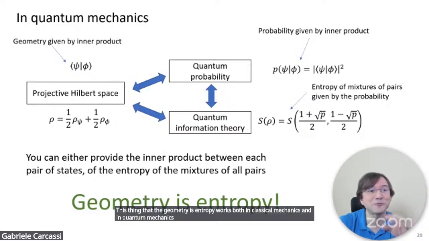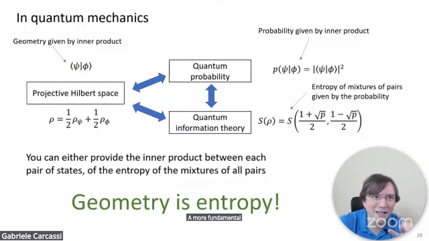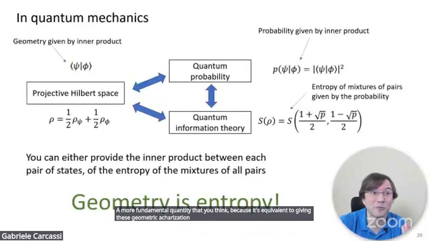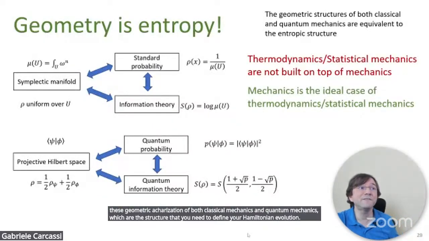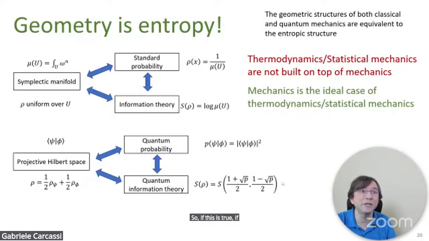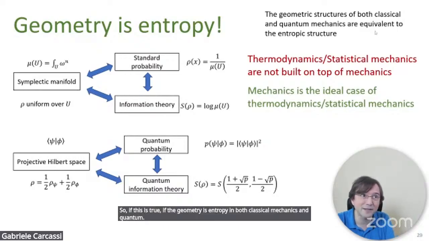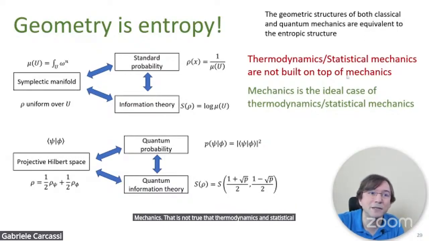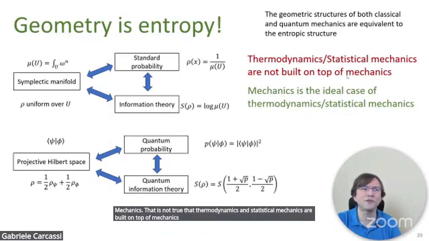So entropy is really a more fundamental quantity than you think, because it's equivalent to giving this geometric characterization of both classical mechanics and quantum mechanics, which are the structures that you need to define your Hamiltonian evolution. So if geometry is entropy in both classical mechanics and quantum mechanics, then it is not true that thermodynamics and statistical mechanics are built on top of mechanics, that you first have mechanics and then you add some other structure above.